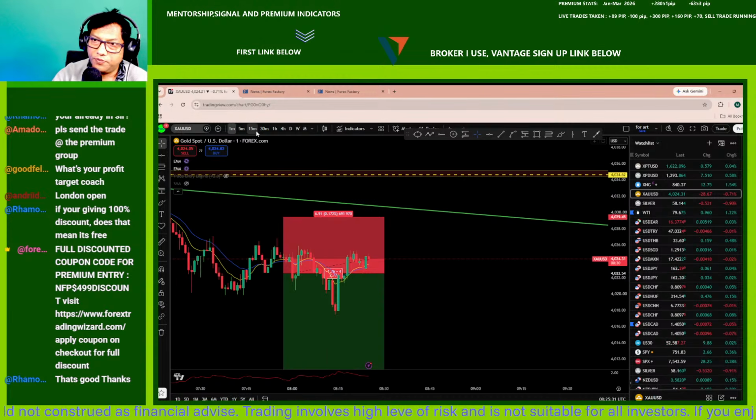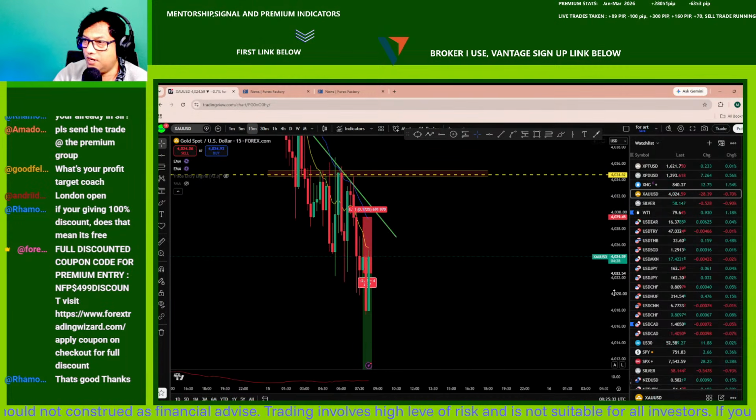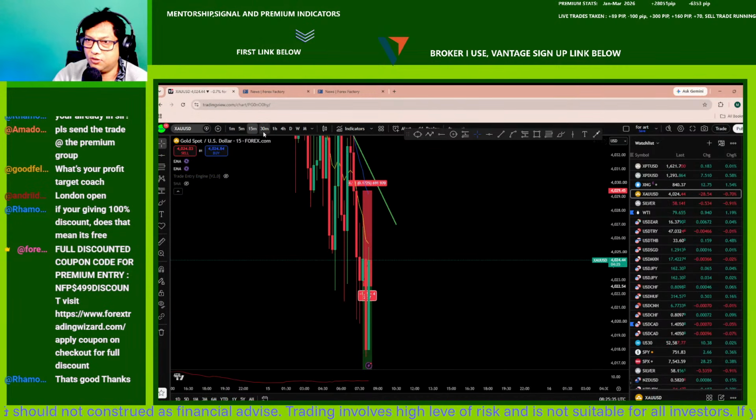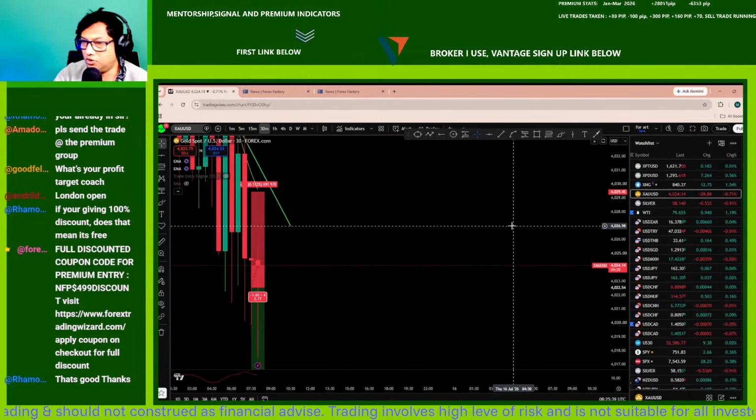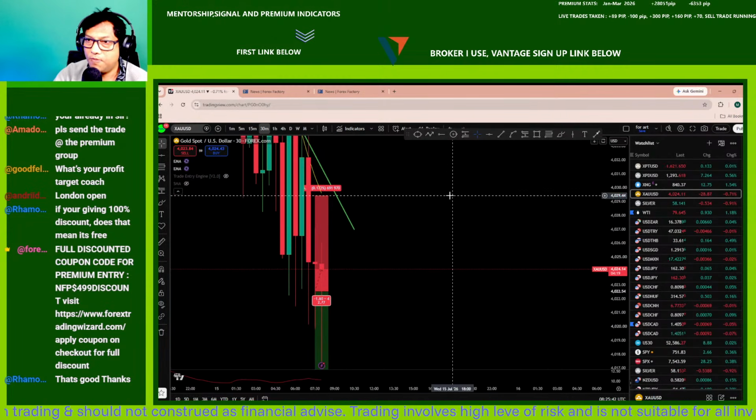Okay, here at the level, currently the market is at the 30 minutes resistance level, which is also another candle close coming.